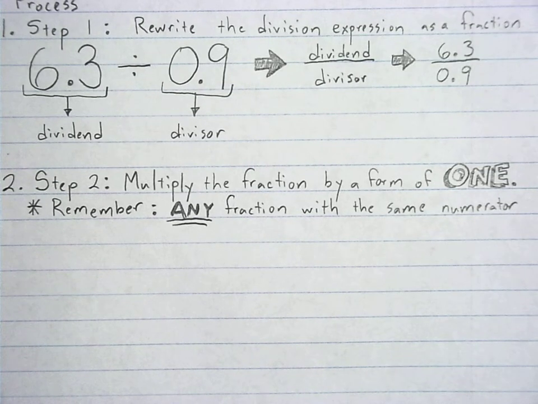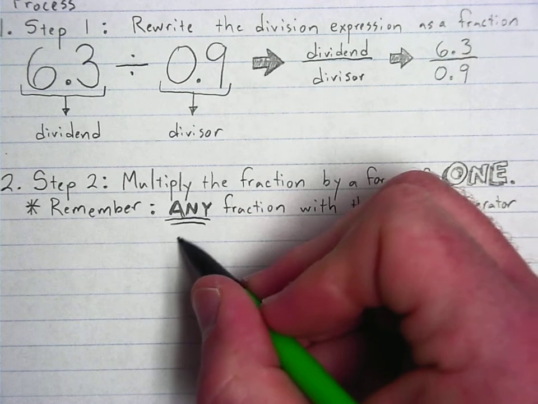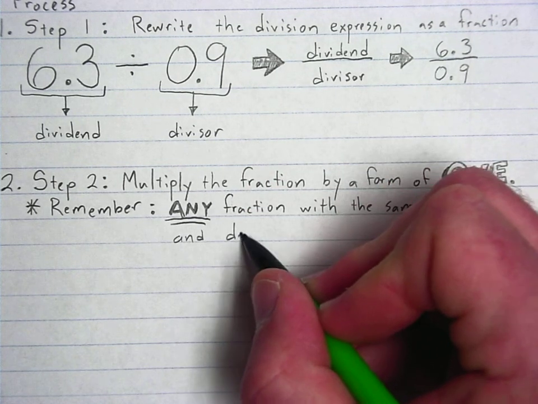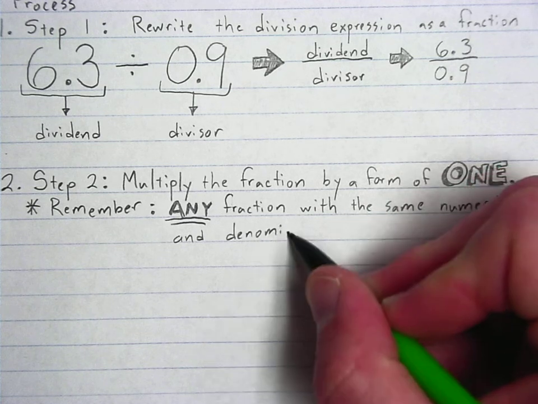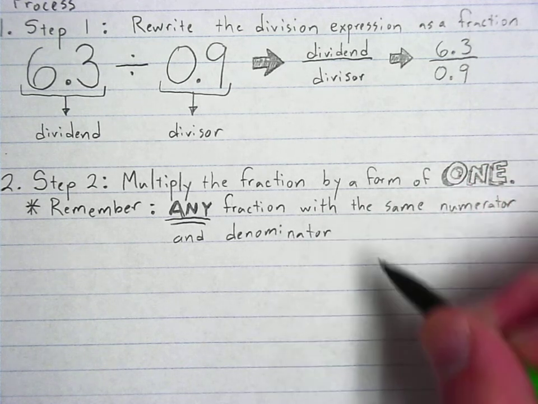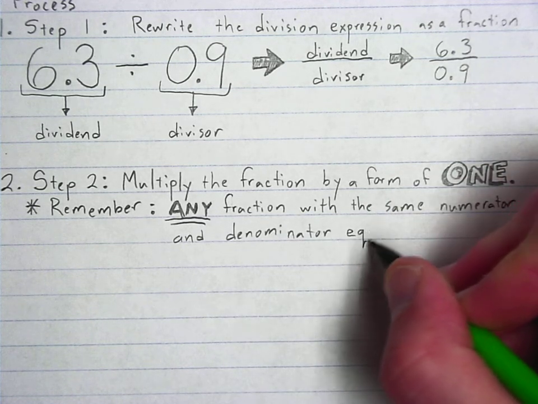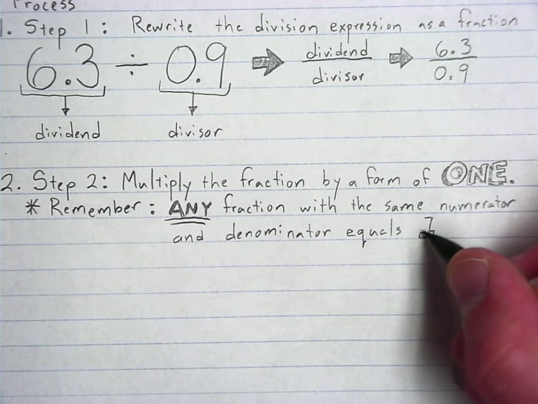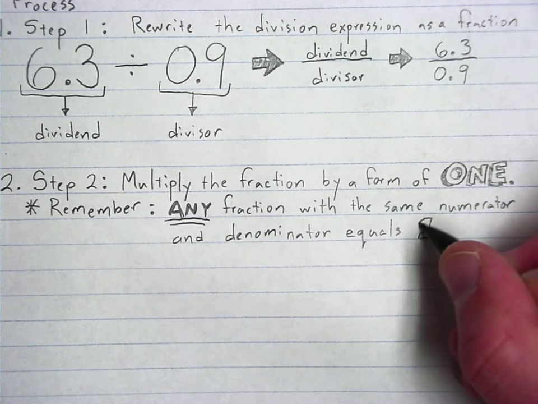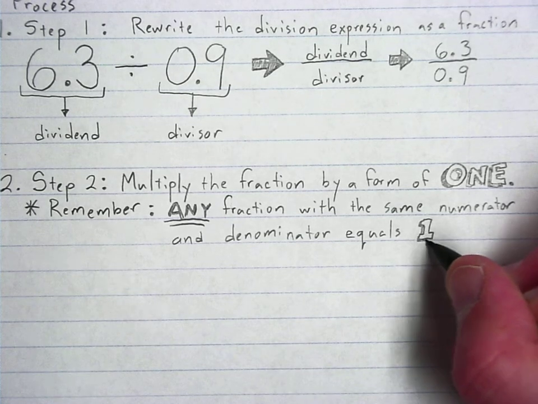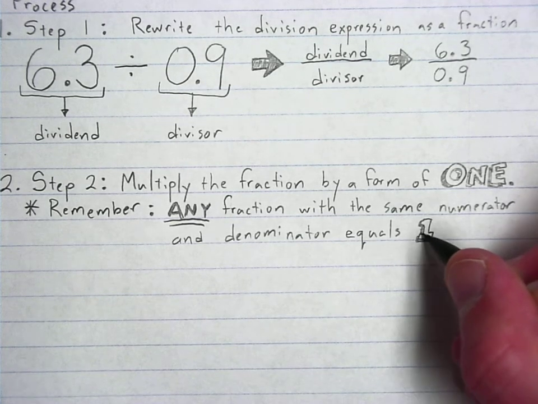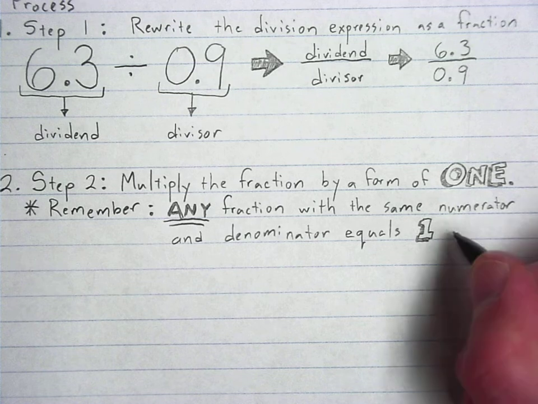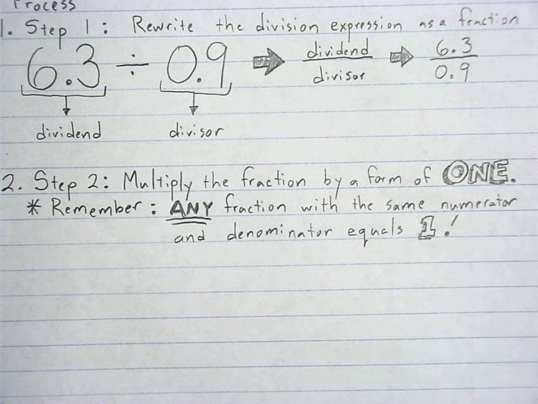Any fraction with the same numerator and denominator equals 1. Now, when we're dealing with decimals, we know that decimals are built around powers of 10. We're basically saying it's a tenth or a hundredth or a thousandth. It's all based on powers of 10. So everything you're going to multiply is going to be 10, basically.